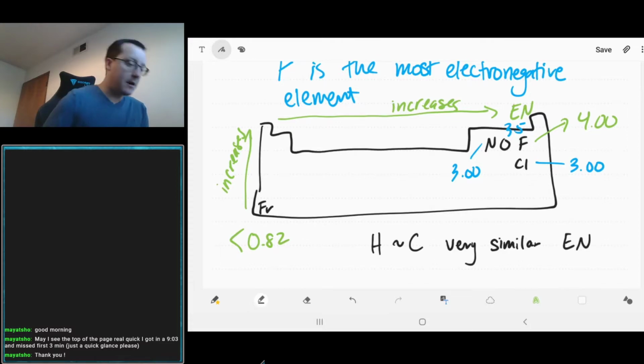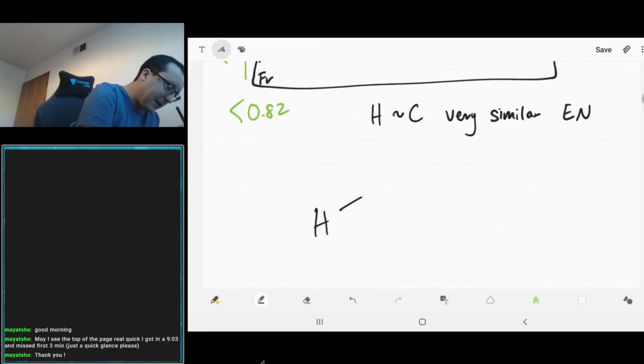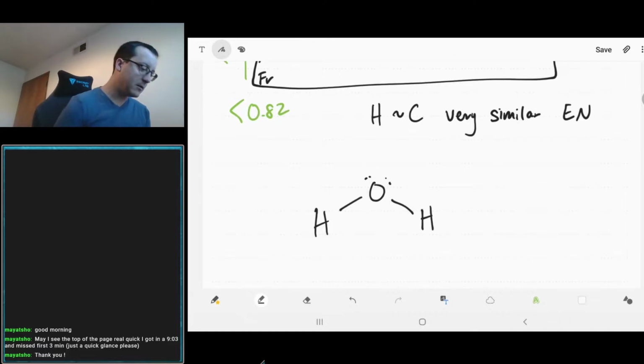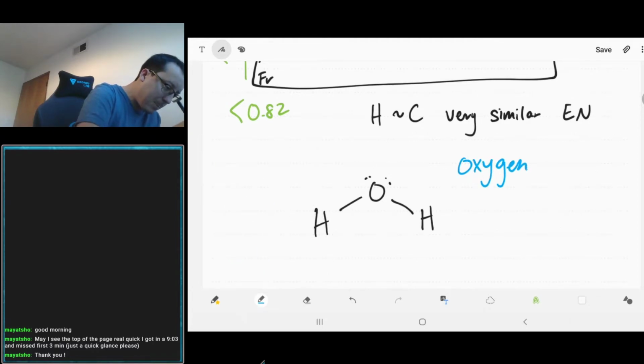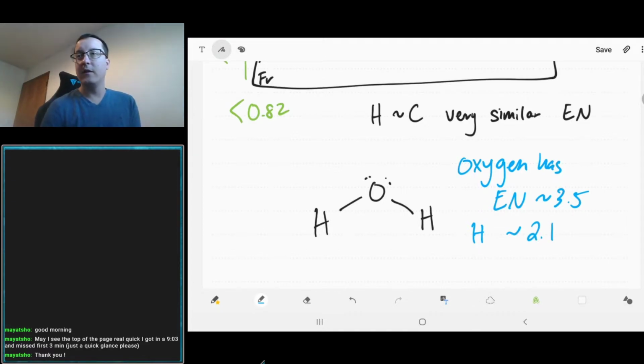Okay, so what this means for us is if we take a handy dandy molecule here, water, we're going to see that oxygen has an electronegativity of about 3.5, and hydrogen's is about 2.1 or so. Just guesstimating these, I mean, you don't need to memorize these numbers whatsoever. But I do want you to understand the trend.